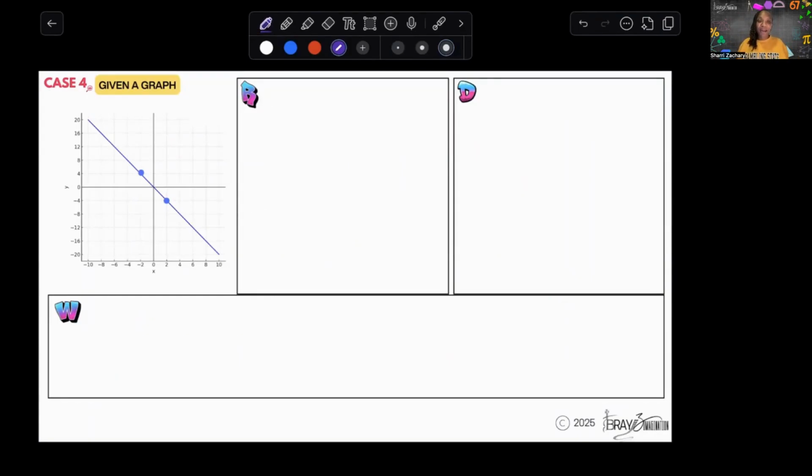This time we're given a graph, and we see that we have 2 points represented on that line. The other thing that I want to point out is that all 4 quadrants are represented. And I also want us to look at our x-axis and our y-axis. What do we notice?